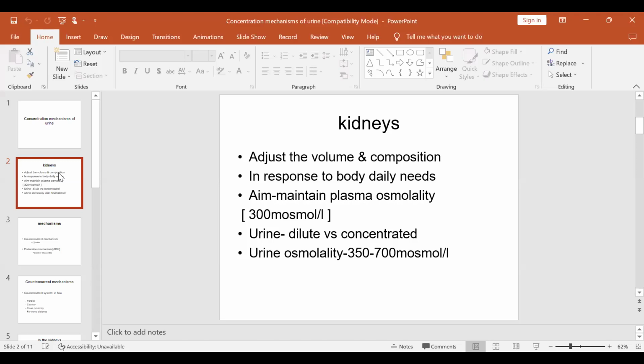So the urine can be either concentrated or dilute, depending on what needs to be corrected in the extracellular fluid. That is self-explanatory. So you can pass dilute urine or concentrated urine, depending on what you want to correct in the body.